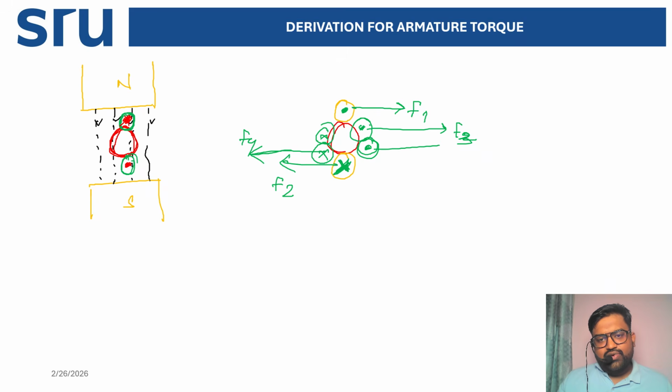Now you see the force acting here, F5, and the force acting here, F6. Both are opposite to each other, right? That means at this point, what will happen? This F5 is in the right direction and F6 is in the left direction. And both are opposing, which means the resultant force is zero.